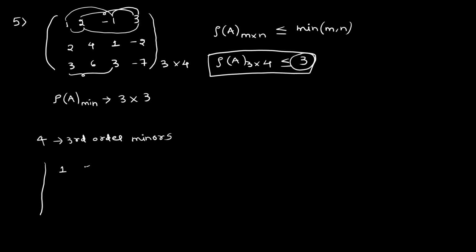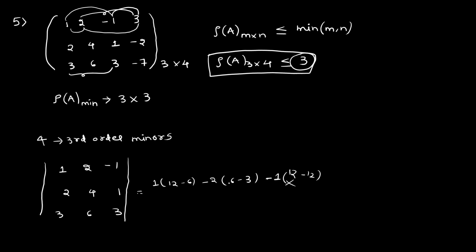So first let me check the determinant of minus 2 1 2, minus 1 2 4, 1 3 6 3. Okay, it's clear that 1 into 12 minus 6, minus 2 into 6 minus 3, minus 1 into 12 minus 12.